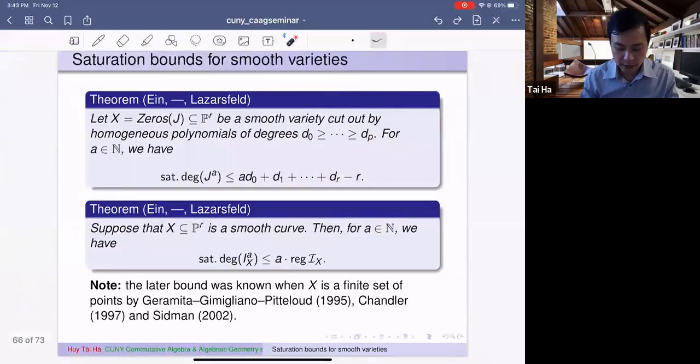For the other results, here is the result that I mentioned about the curve. What we use to prove it is to start with a very different complex. Instead of starting with the surjective map given naturally by the generators of the ideal, and then taking the symmetric algebra of that map, or the Buchsbaum-Eisenbud complex of that map, we start with any resolution of the ideal sheaf.